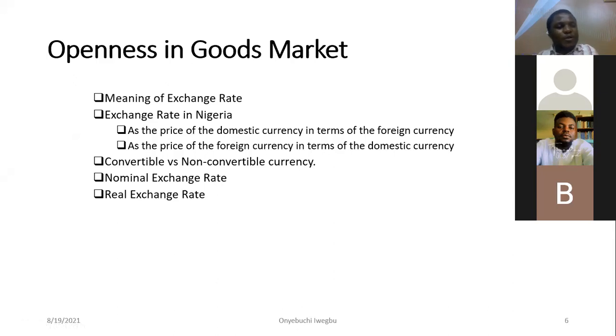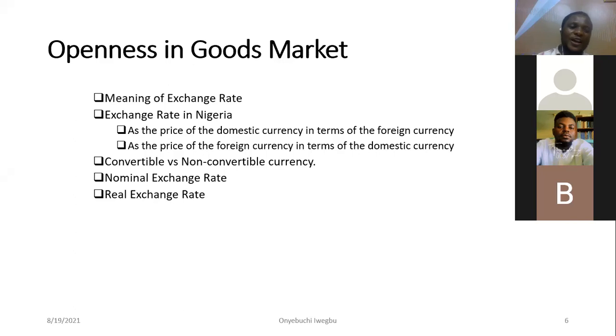So let's look at exchange rate, because the price of openness in the goods market is your exchange rate. And we know that exchange rate is the extent to which a domestic currency can be traded for a foreign currency.